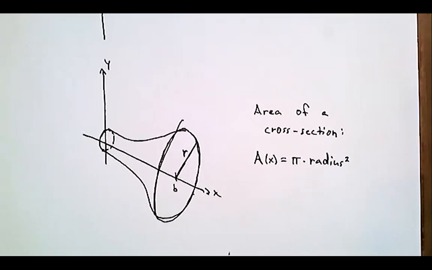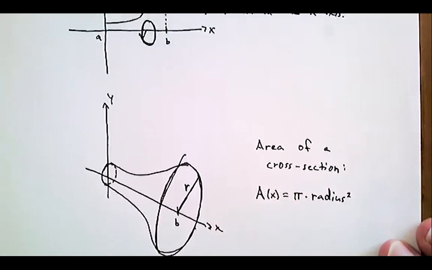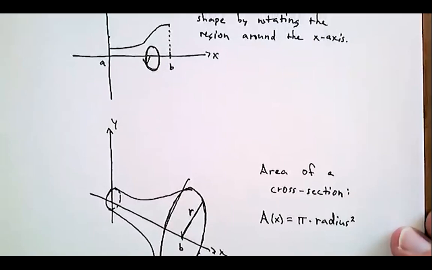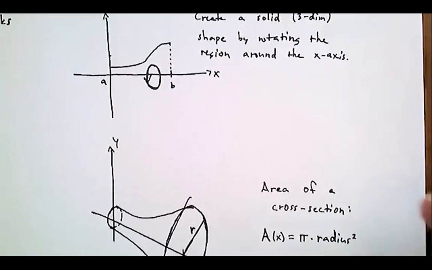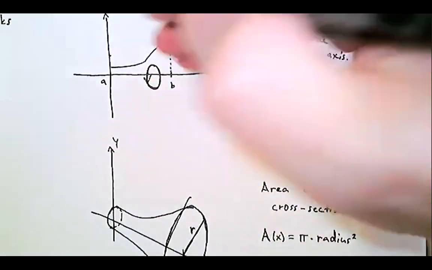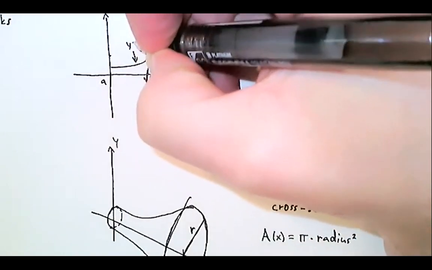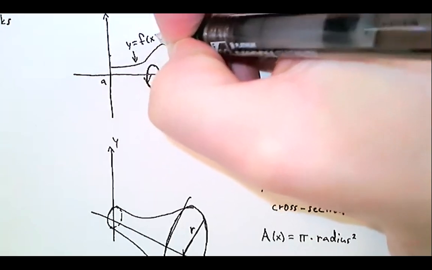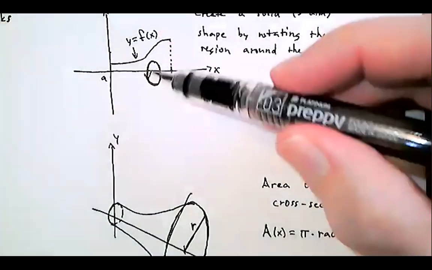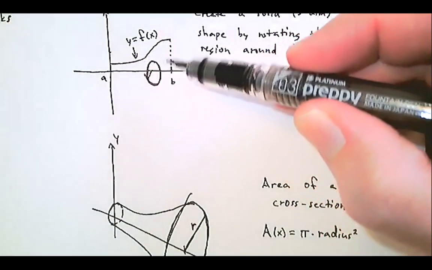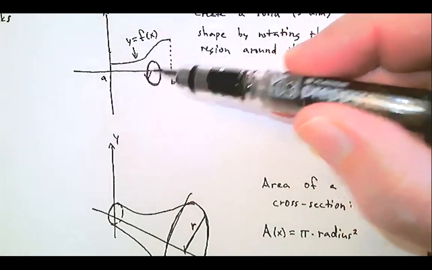And what is the radius of each of our circles? Well, that was given by this two-dimensional shape, right? This was some function, and let's go ahead and give it a label, f of x. This is my radius. It's what I've rotated around the x-axis.